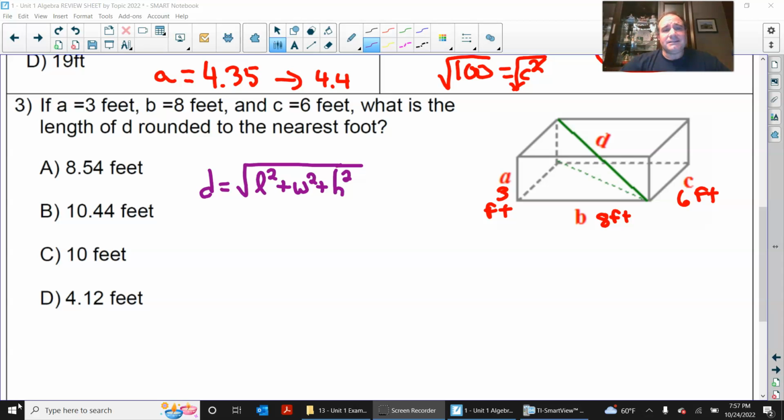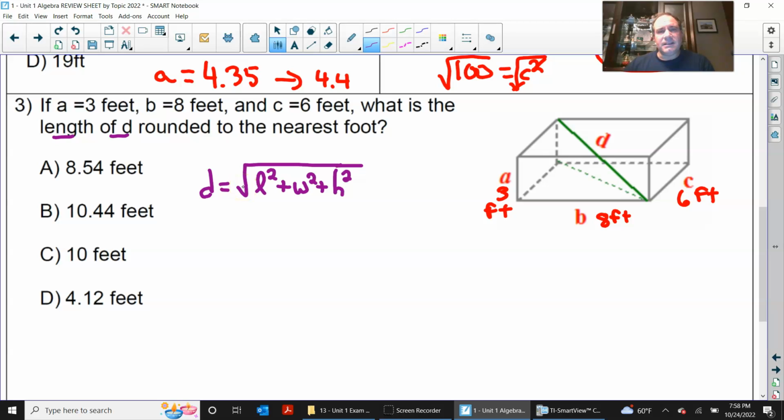So in this case, we are trying to find the length of D rounded to the nearest foot. And D is this right here. If you could see it, D is that green horizontal line. So if they give you A and B and C, that means this formula right here will work.